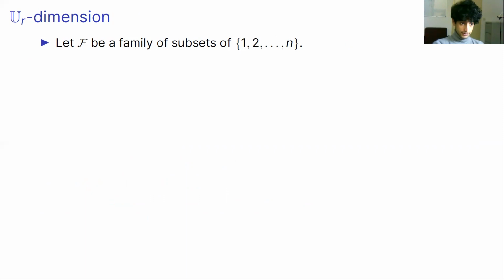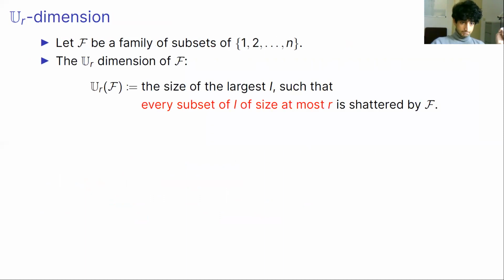So once again, we have a family. Now we're not interested in a shattered subset of coordinates, but rather an R-universal subset of coordinates. We're interested in a subset of coordinates where every subset of size at most R is shattered by F. And we call the size of such a subset the universal R dimension.